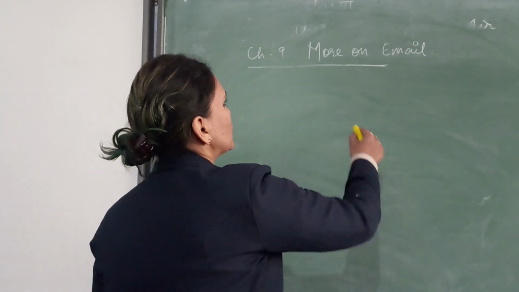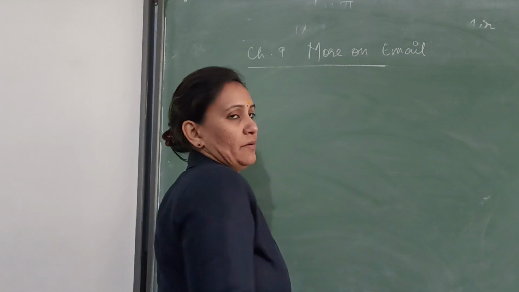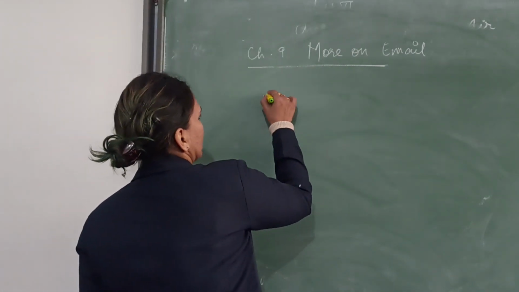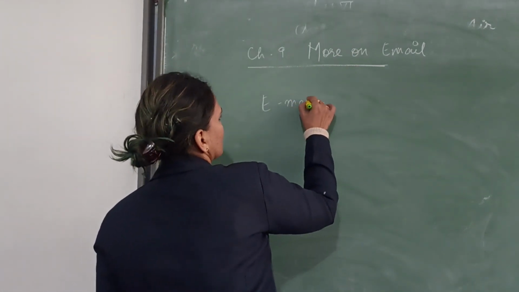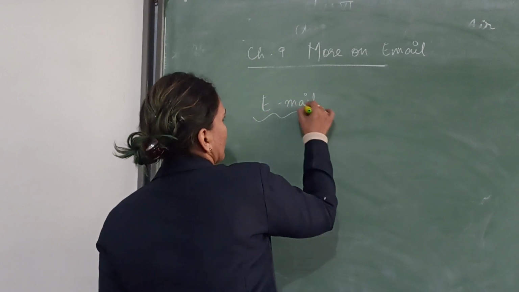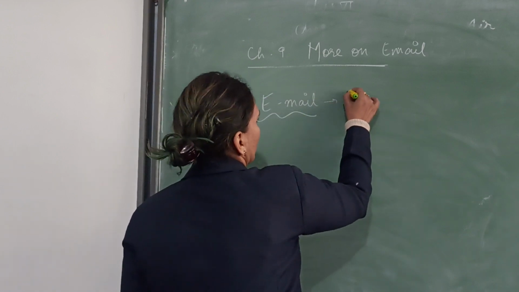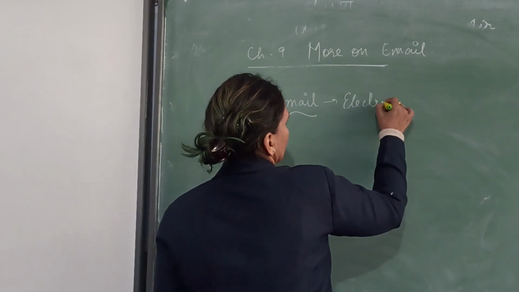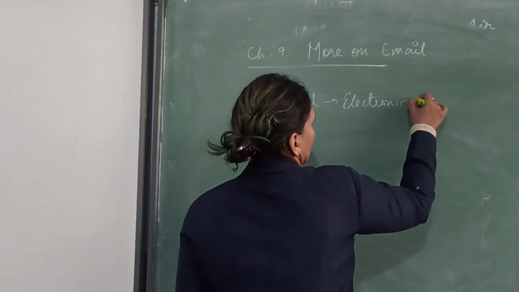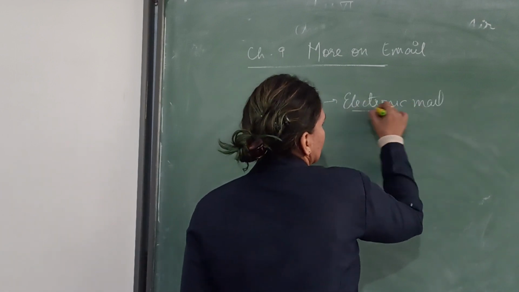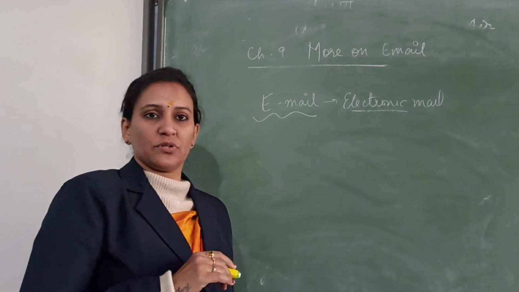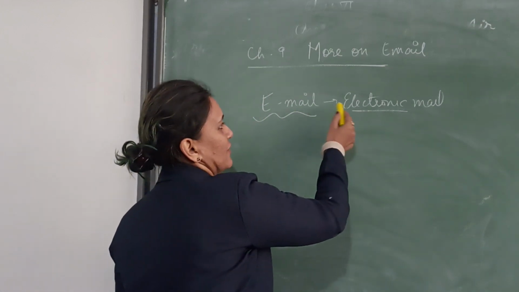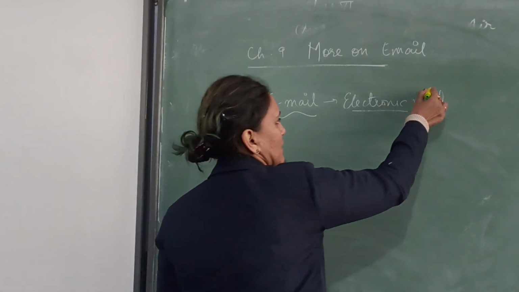So when we talk of the topic more on email, when I see the word email, first of all, my dear students, you should be aware that this word stands for electronic mail, right, and this is not possible without computer. And what is electronic mail?